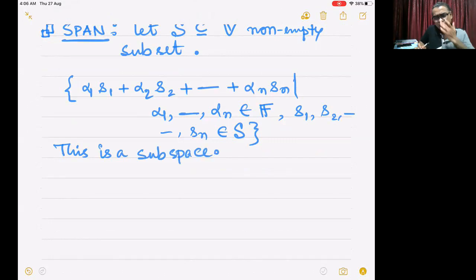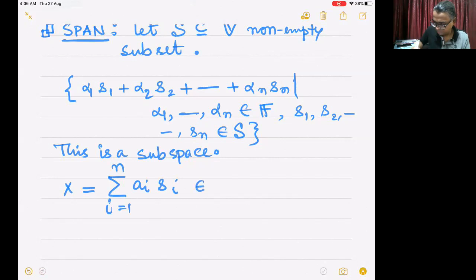Why? In fact, the check is very simple. So suppose I have x equal to the summation of a_i S_i, i going from 1 to n, one linear combination.